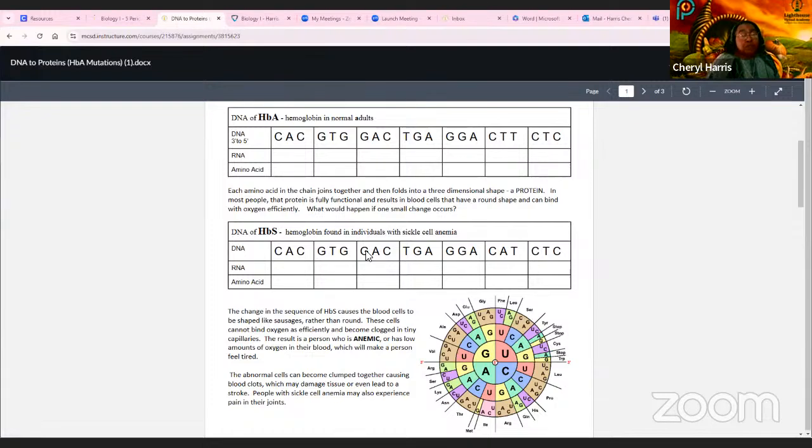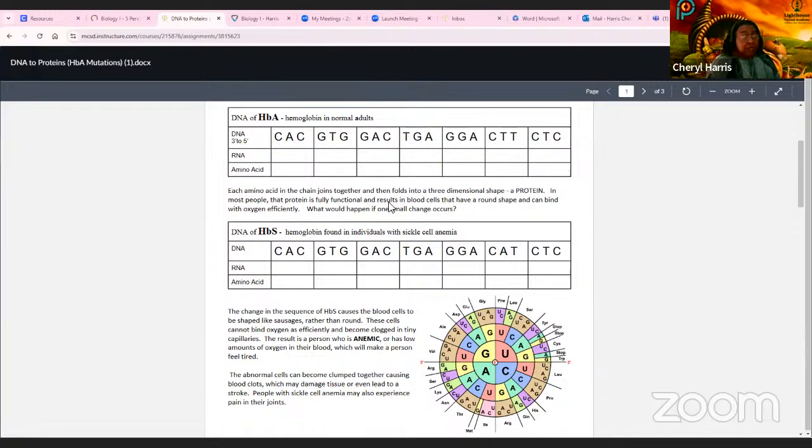All right, then you want to look carefully, because you're going to do it again. This time we know that there's a defect on the hemoglobin molecule or protein, and that's what causes sickle cell. So when you do this second row, notice very carefully that one of these gene triplet codes is not the same as the one above.